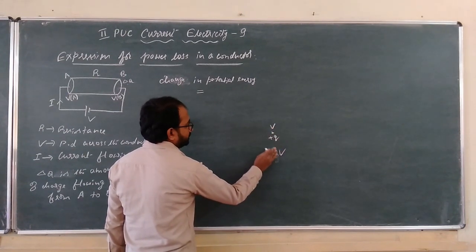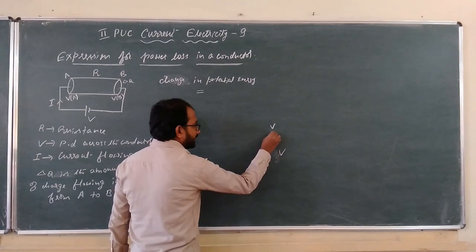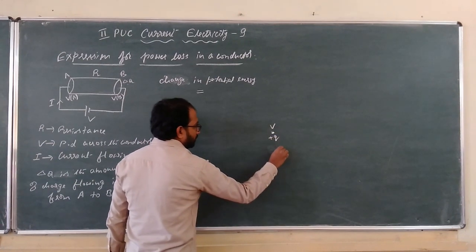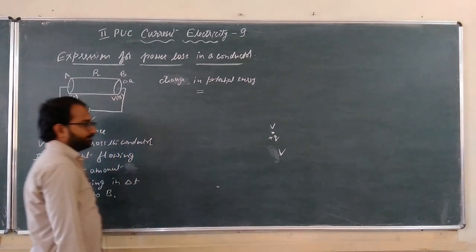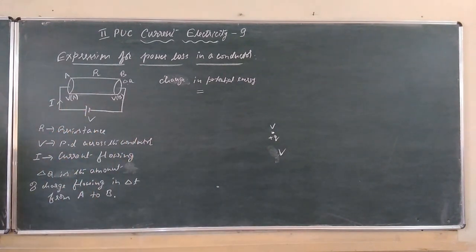If Q is equal to 1 coulomb, then the potential energy of that charge is the potential at that point. If the amount of charge is delta Q, then the potential energy will be delta Q into the potential at that point.